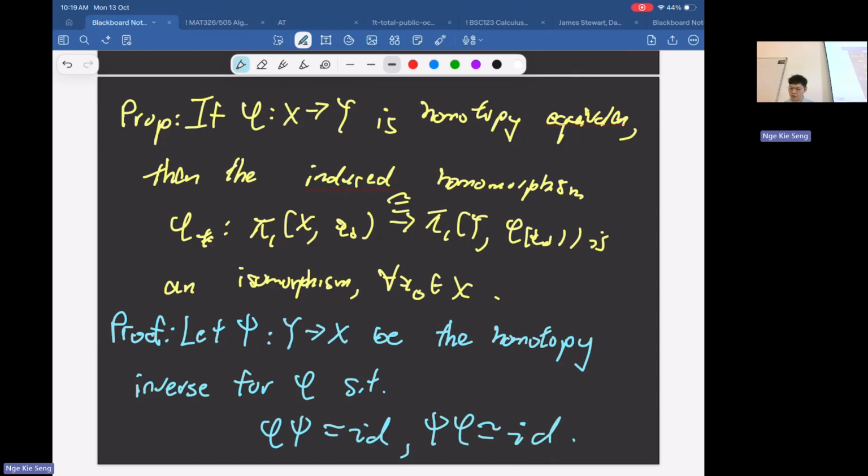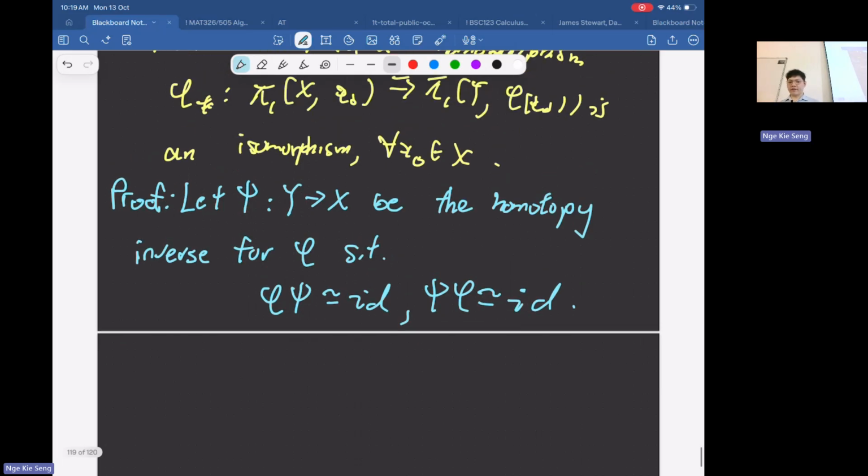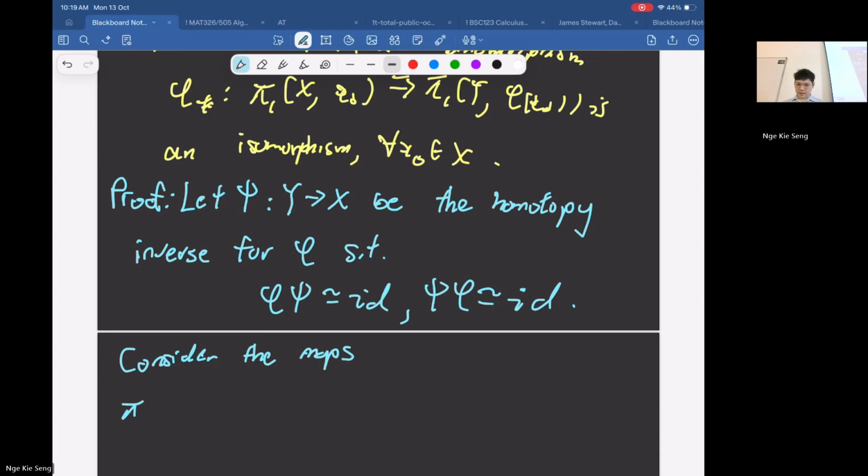But identity is not equal, it's a homotopy only. But this is enough. So let's consider this chain of maps here.